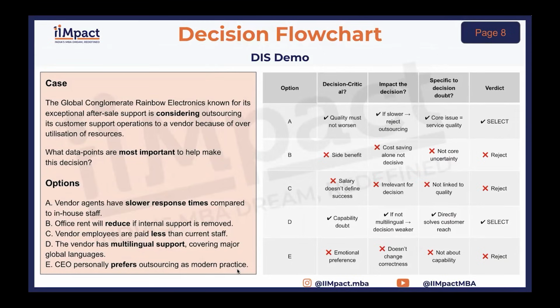It does not change yes to no or no to yes. And again, is this specific to the decision doubt? Personally preferring outsourcing, is it specific to exceptional after sale support? Not really. It is not addressing the capability part, which is what we were after. So option number E is also wrong. So technically A and D are the two good options to have.